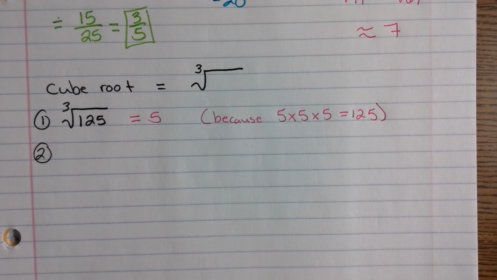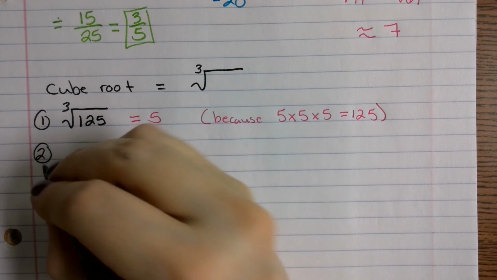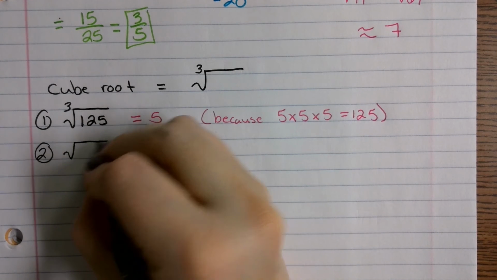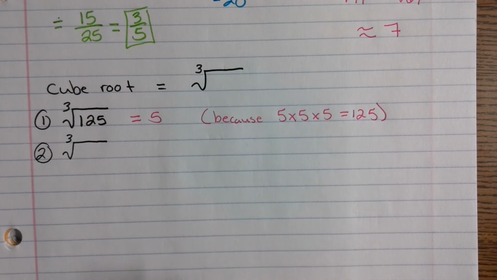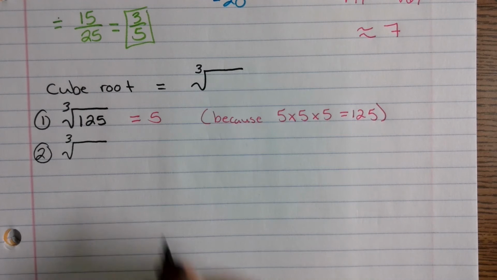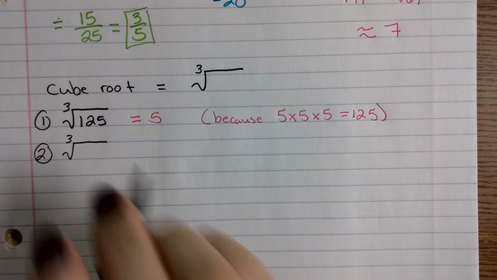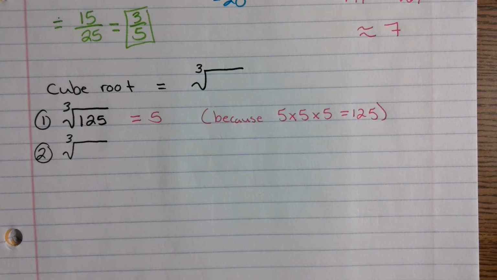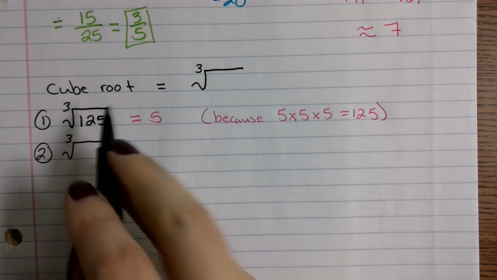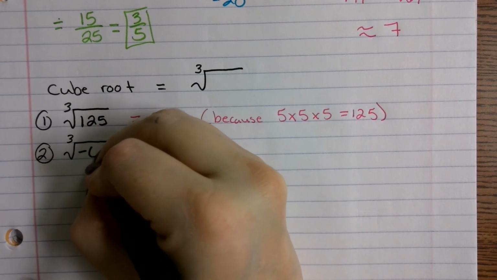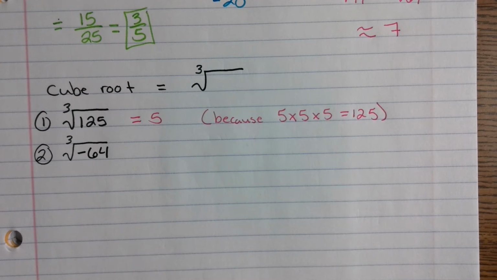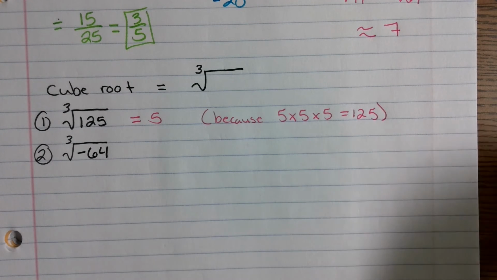Now, what's different with cubed roots that you can't do with a square root is you can have a negative inside of the radical. With a square root, if you try to take a square root of a negative number, you're going to get an error because those aren't considered to be real numbers. Those are considered to be imaginary numbers. But if you take a cubed root of a negative number, like cubed root of negative 64, that's okay.